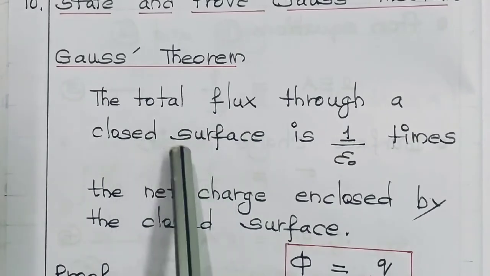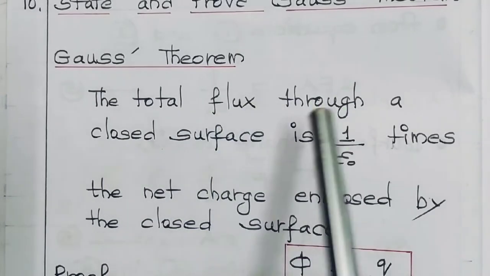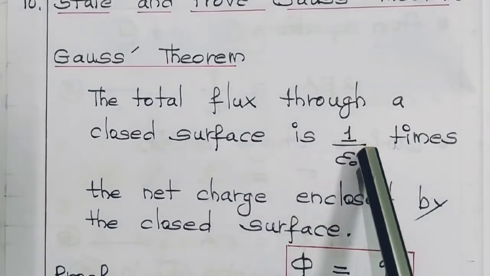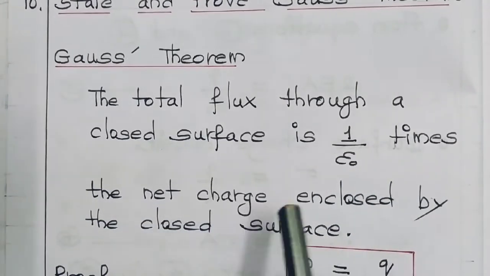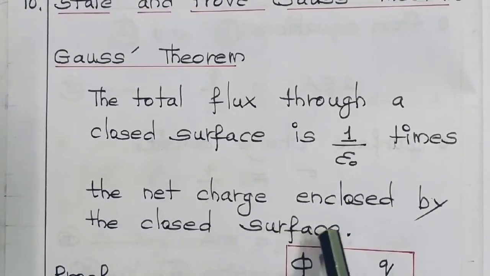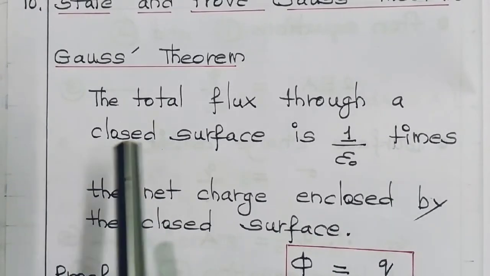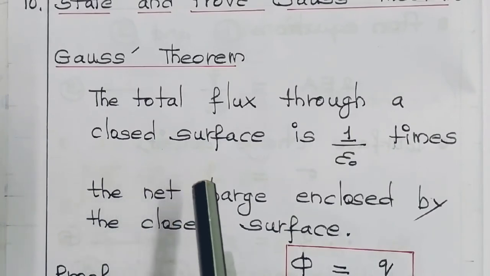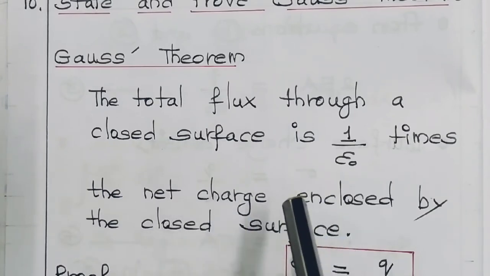So, let us consider a closed surface. The total flux passing through a closed surface is 1 by epsilon naught times the net charge enclosed by the closed surface. Let me explain it. A closed surface is there. In that, electric flux is there. The surface encloses some charges.